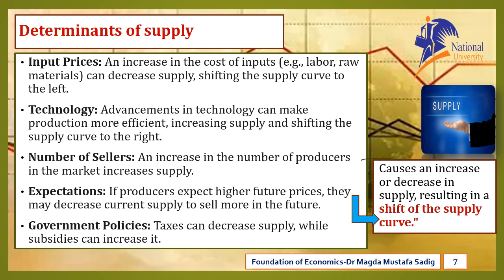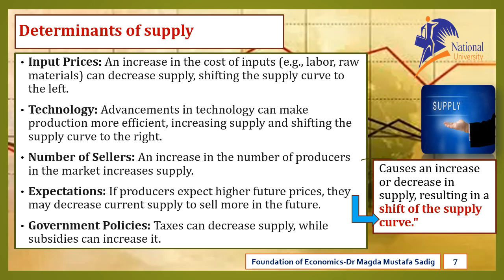So let us explore the main factors that affect the supply of goods and services in a market, known as the determinants of supply. These factors cause the supply curve to shift either to the right, increase in supply, or to the left, decrease in supply.